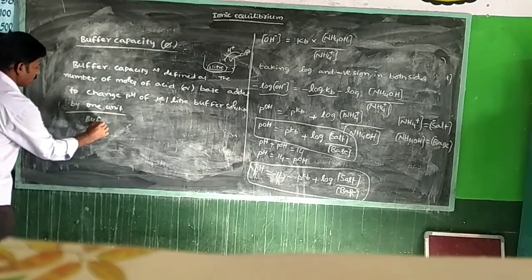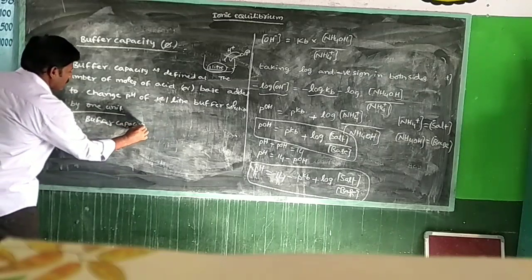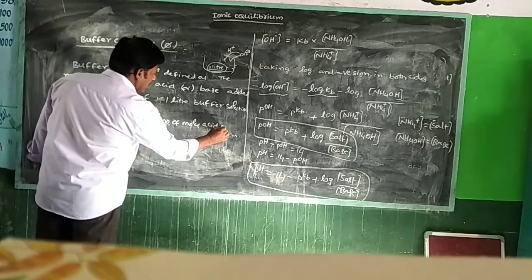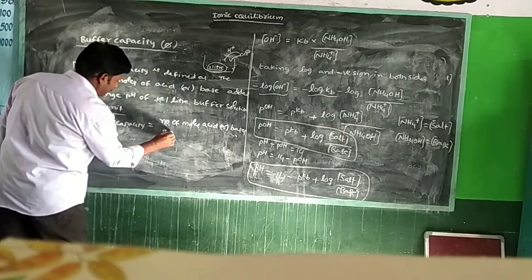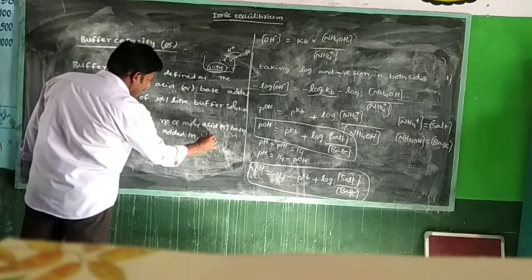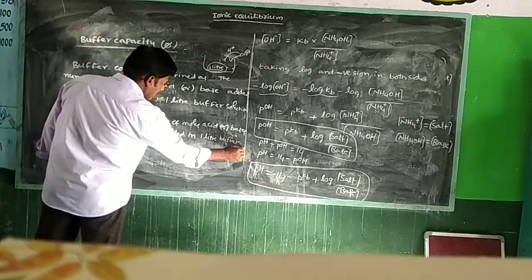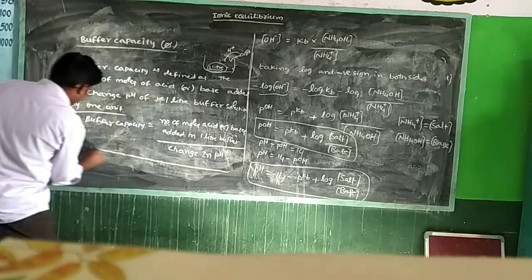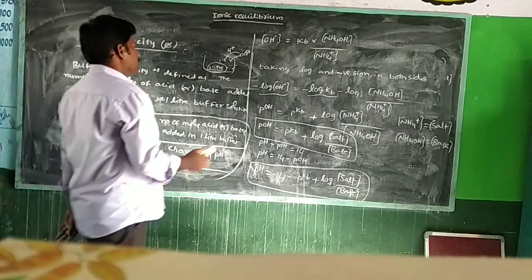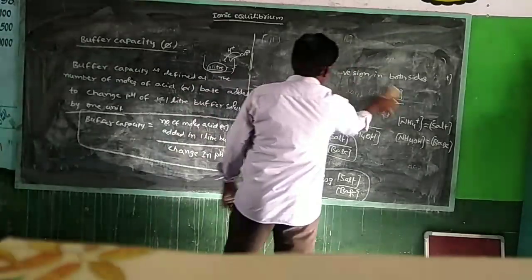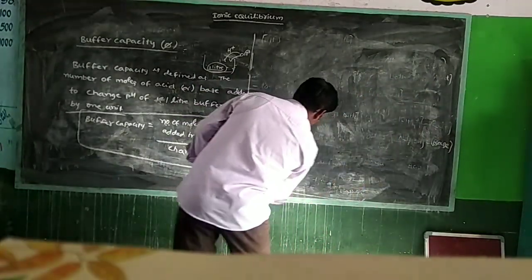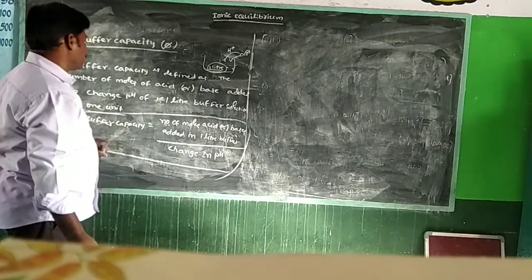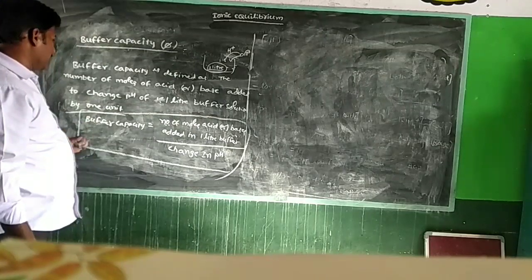Buffer capacity is equal to the number of moles of acid or base added in 1 liter of buffer solution by change in pH. Buffer capacity is defined as the number of moles of acid or base added to change the pH of only 1 liter of buffer solution by 1 unit.